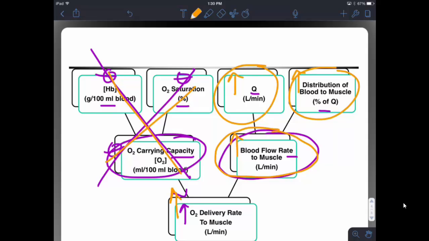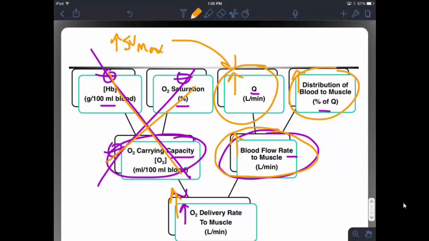So we've already talked about why cardiac output goes up with training, okay? Because stroke volume max goes up with training, and therefore cardiac output goes up with training. So that we've already talked about.